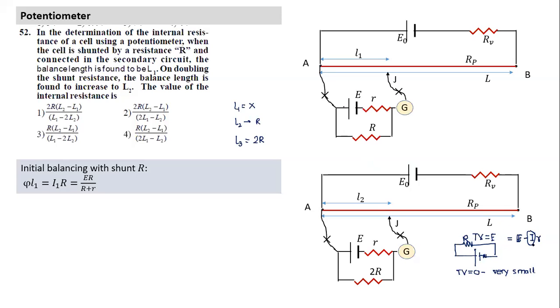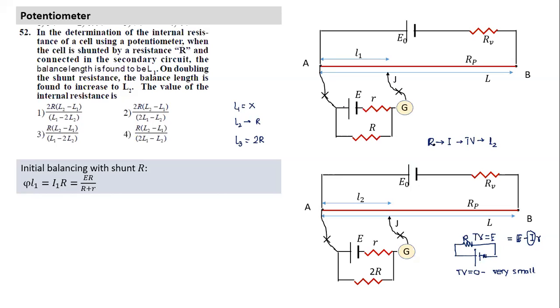So first we understand what is happening to I. Based on I, I can understand what happens to terminal voltage. Based on this, I can understand L2. Are you following? When R changes, R changes current. Current changes terminal voltage. And based on terminal voltage, L2 will change.